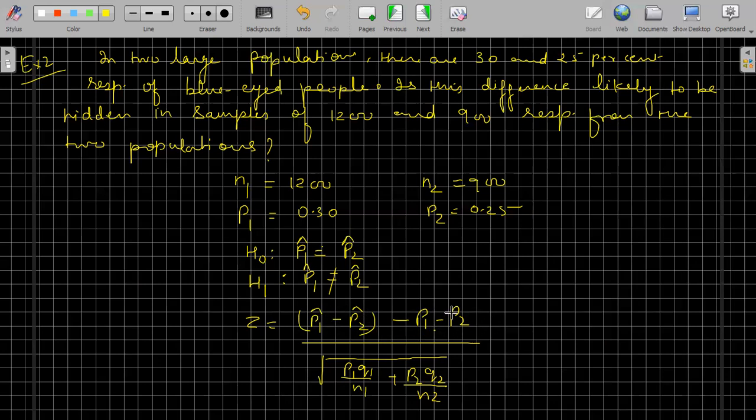So the difference is kept under mod like this. So basically the formula for Z is P1 minus P2 whole divided by square root of P1 Q1 over N1 plus P2 Q2 over N2.